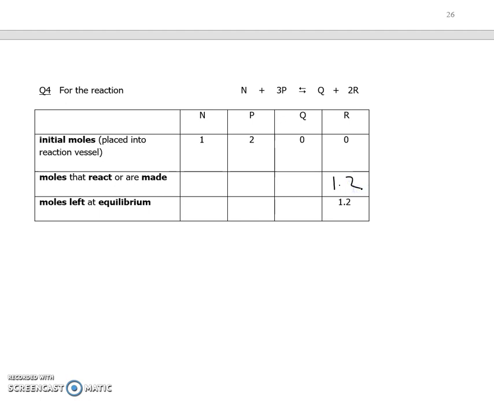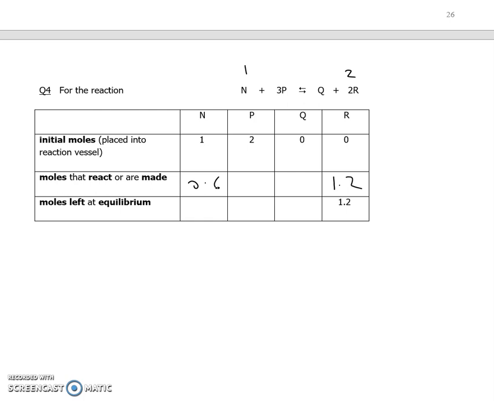Now, because the ratio between nitrogen and R is a 2-to-1 ratio, then half as many moles of N were reacted. So half of 1.2 is 0.6. And so now we've got our basis of 0.6 moles, which means we can calculate the others.